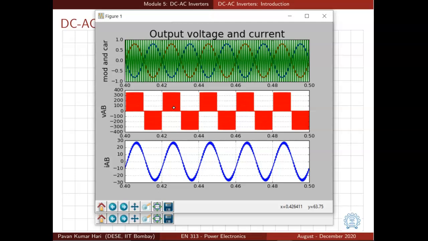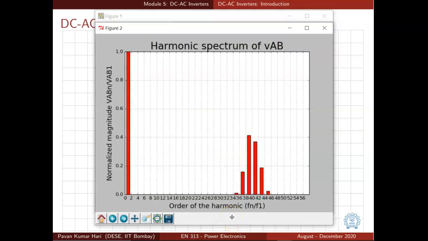And look at the current waveform. It's the best current waveform that we have seen in this whole discussion. And that is again explained by the harmonic spectrum. The harmonic spectrum of VAB is much cleaner now. The first entry is at harmonic order 40, which is very far from the fundamental, and there is nothing in between.